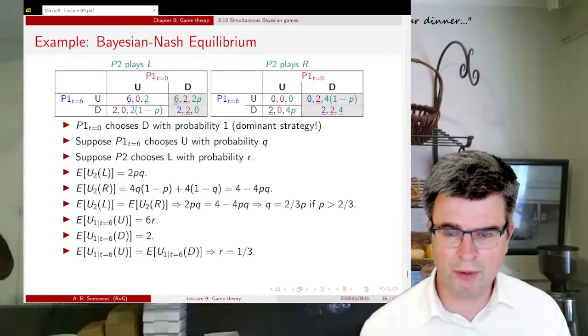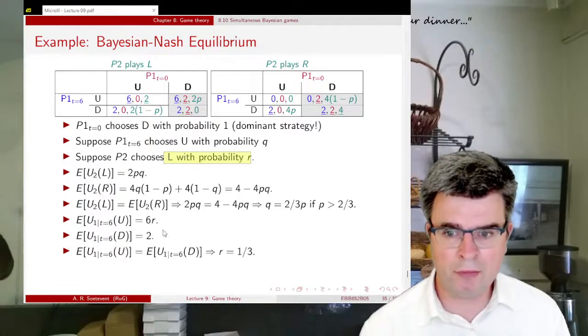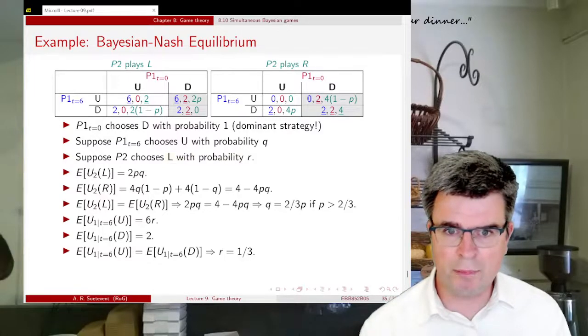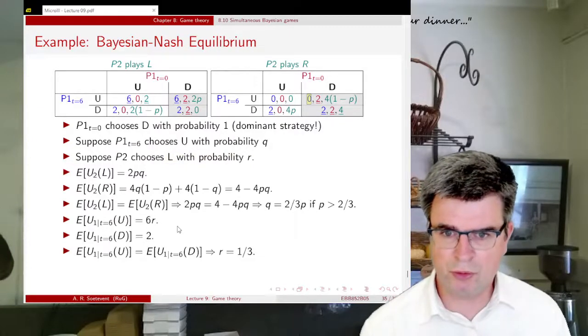That happens with probability R, because that's the probability that player 2 will play left. And if player 2 plays right, then the payoff of player 1 type T is 6 will be 0. So we have no second term here.